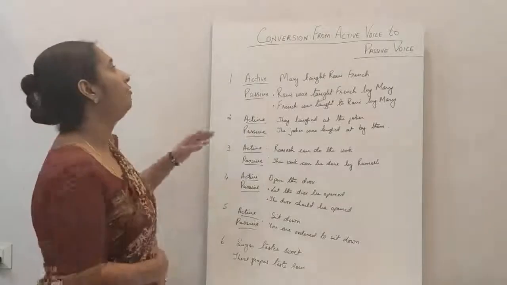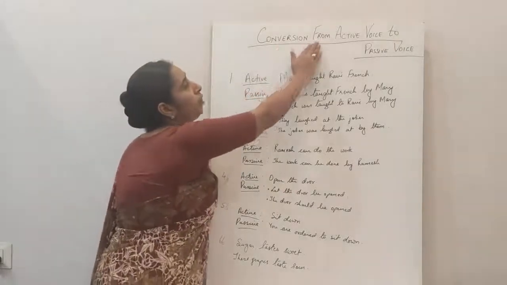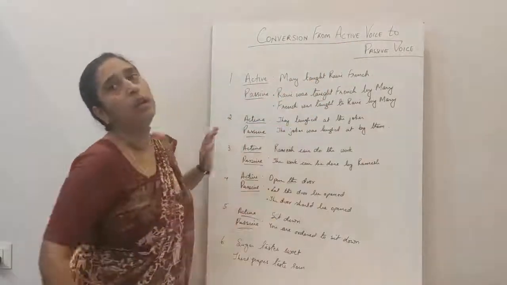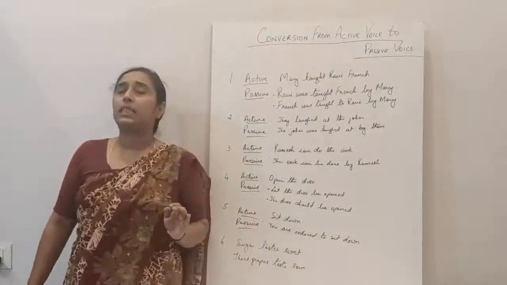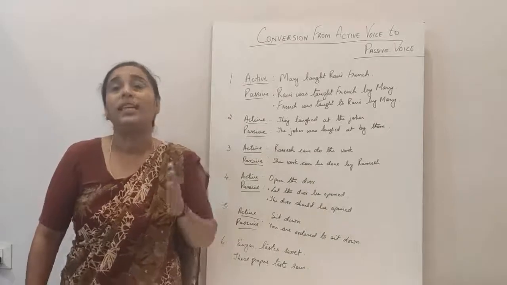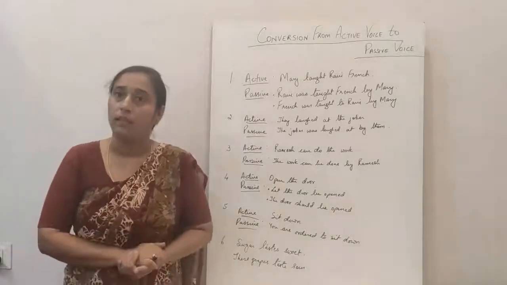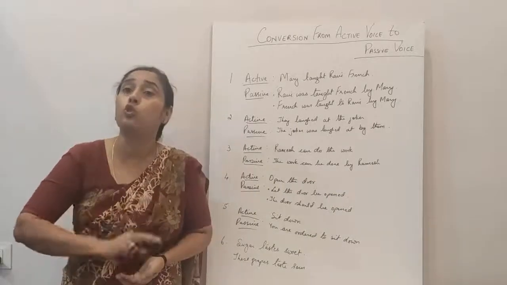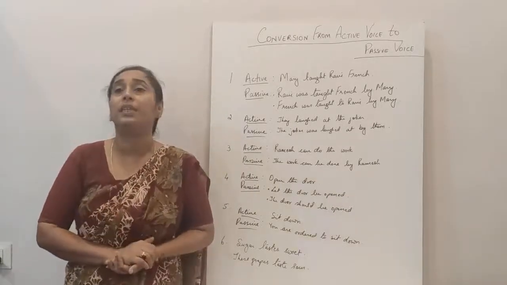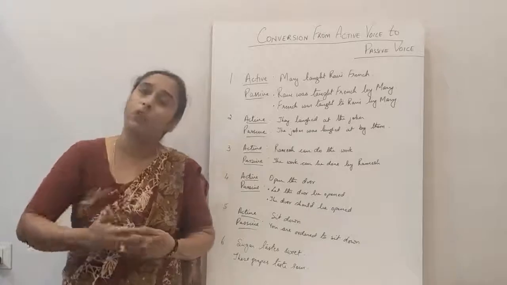Now, we have conversion from active voice to passive voice. That is, if a transitive verb has two objects, any of the two objects may become the subject in the passive voice.